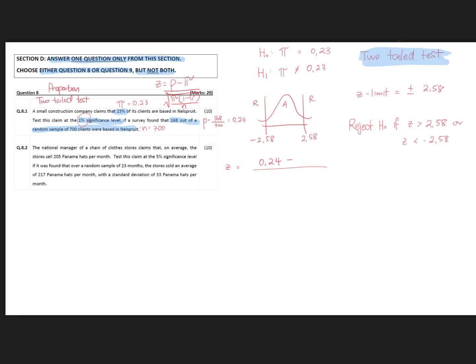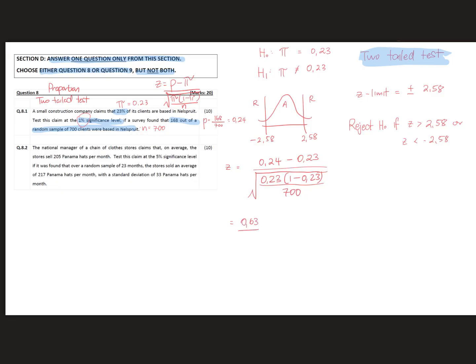Also, it needs to be converted to a decimal, so 0.23, and then it's over the square root of pi multiplied by 1 minus pi over n, and n is the 700. So this then gives us a value of 0.63.